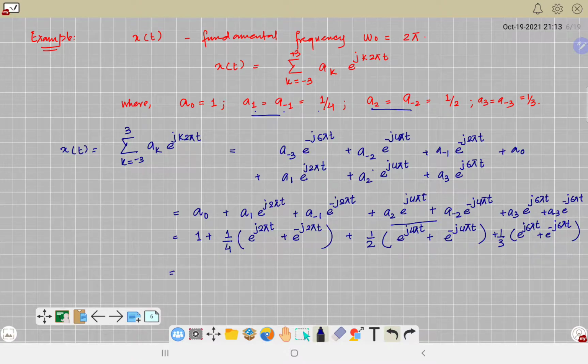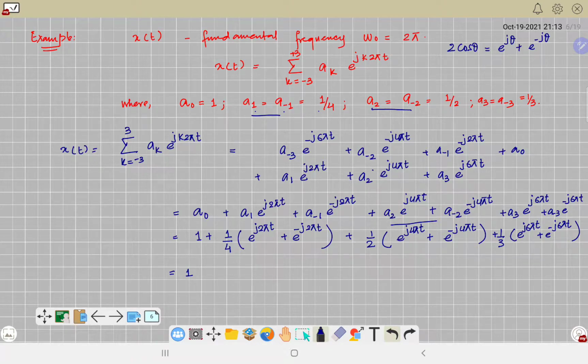Okay. Then I can use the Euler's relation where e raised power j theta plus e raised power minus j theta, चलिए मैं यहाँ पे लिख देता हूँ, that twice cos theta is equivalent to e raised power j theta plus e raised power minus j theta. Okay.